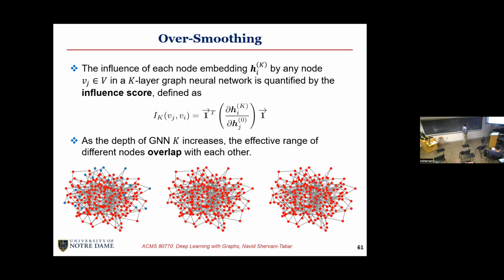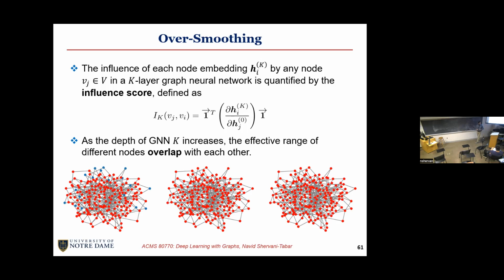Then I'm looking at a 4-layer case, and I see that these 2 nodes have 100% overlapping effective range. So now I'm constructing embeddings from this same set of nodes.